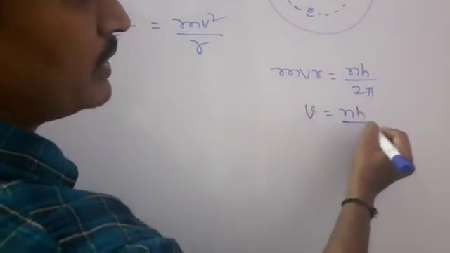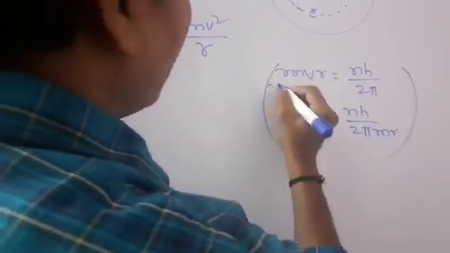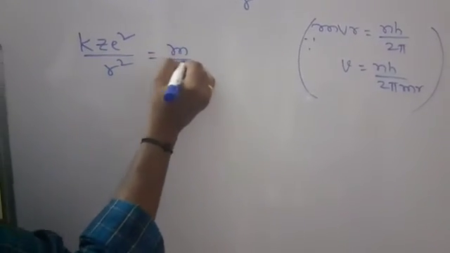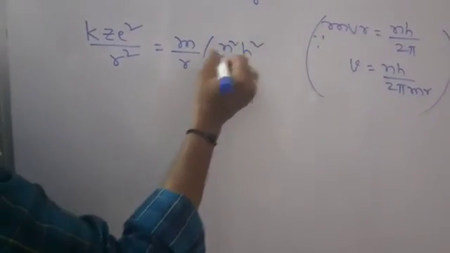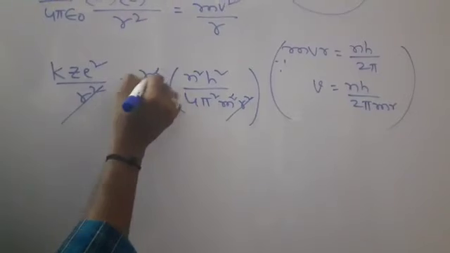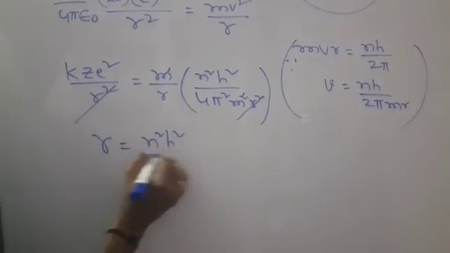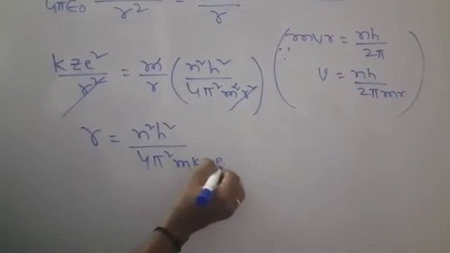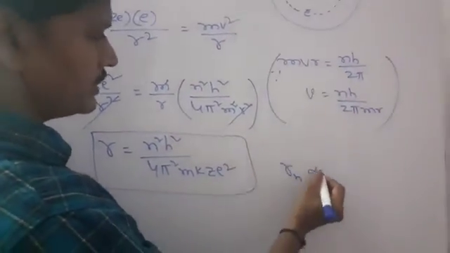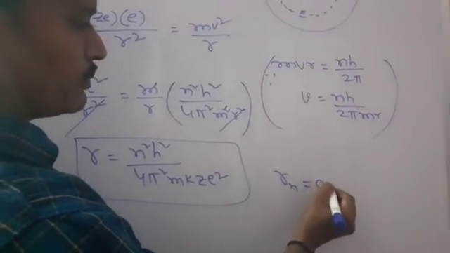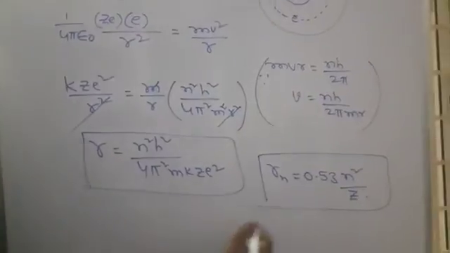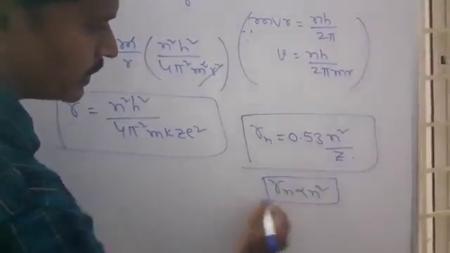Therefore v is equal to nh by 2 pi mr. Substituting this value, k Ze squared divided by r squared is equal to m by r into n squared h squared divided by 4 pi squared m squared r squared. Therefore the radius is equal to n squared h squared divided by 4 pi squared m k Z e squared. The radius of the nth Bohr orbit is 0.53 into n squared divided by Z, directly proportional to n squared.